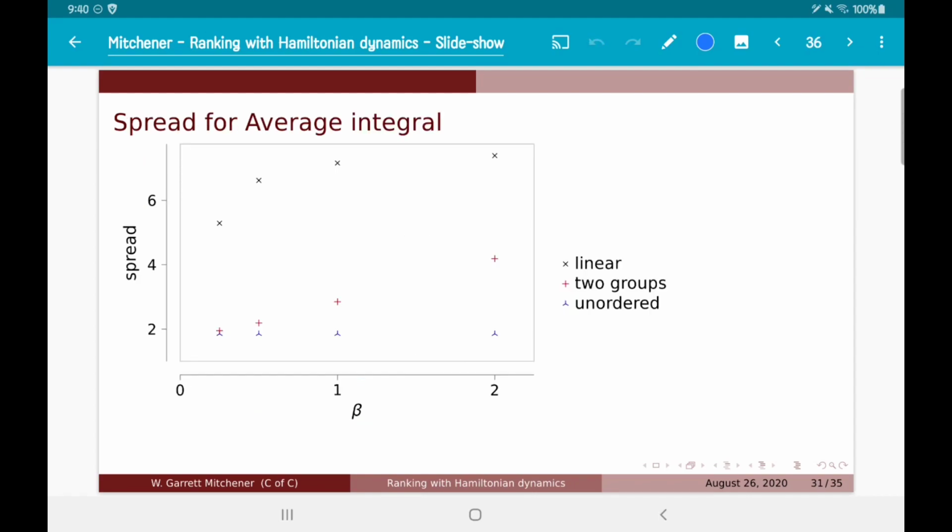Okay, here are the results. This is using the average integral method, and I've used 4 different values of beta. So this is at 1/4, 1/2, 1, and 2. The x's up here correspond to the linearly ordered, evenly spaced strengths.